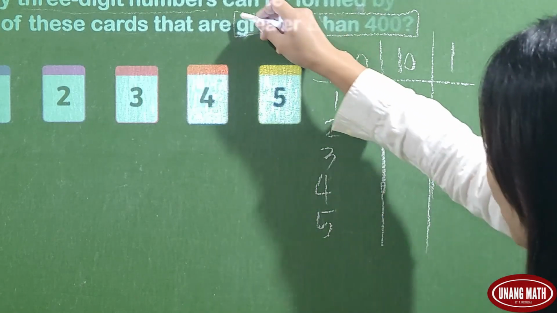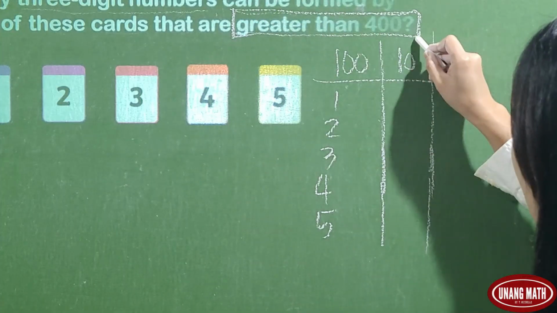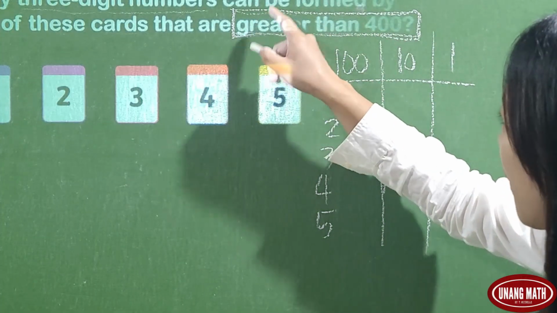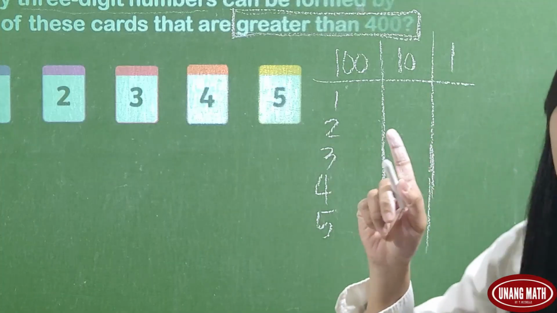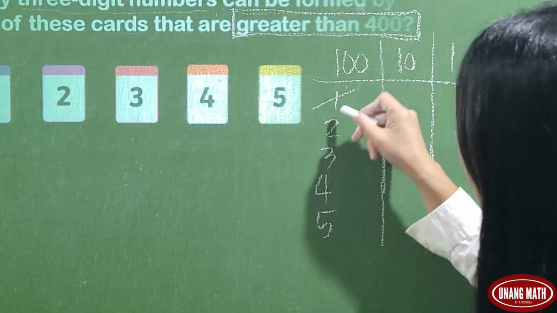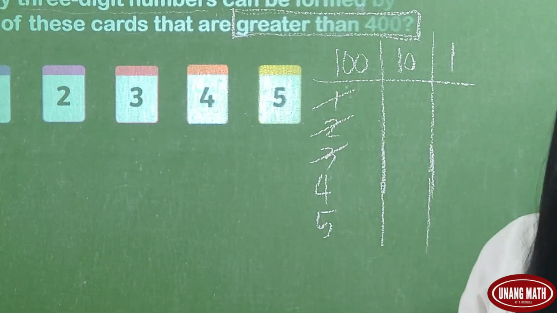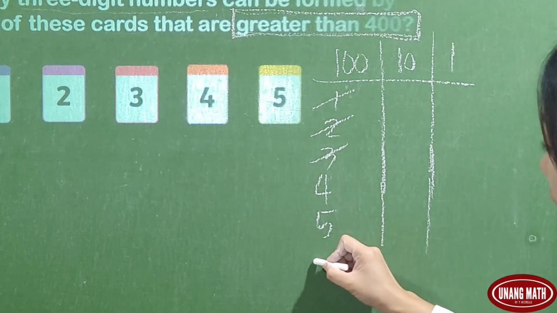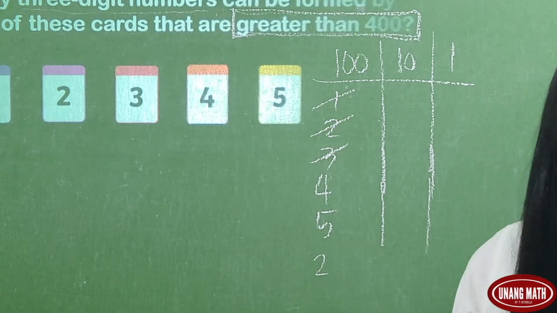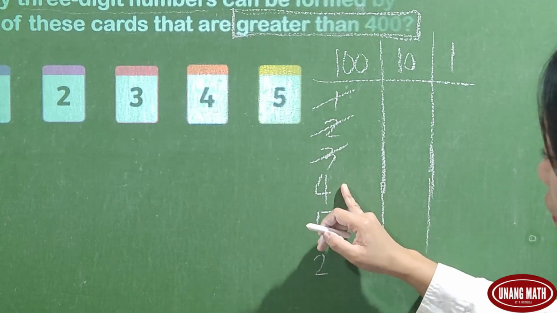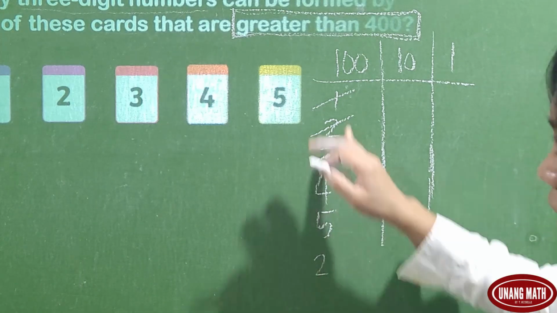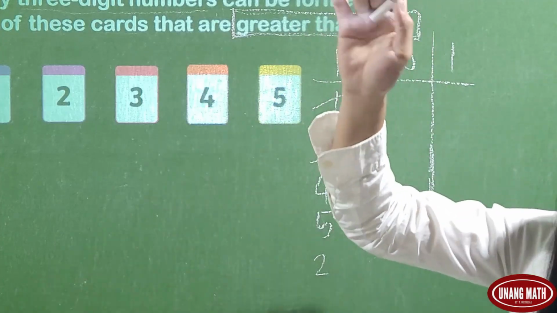But going back to the condition here, this 3-digit number must be greater than 400. So it means we have to remove 1, 2, and 3. So we only have here 2 numbers, 4 and 5, because it must be greater than 400.